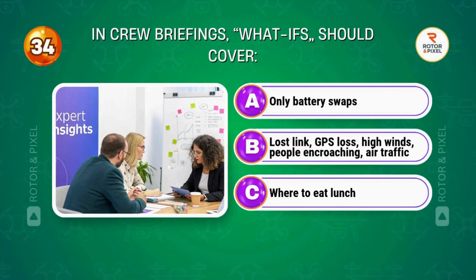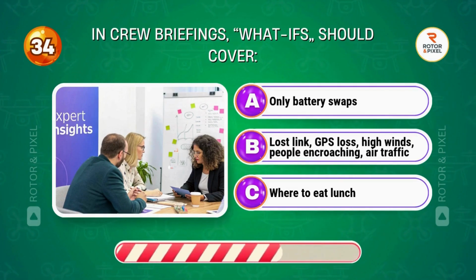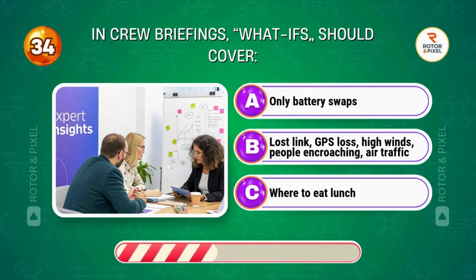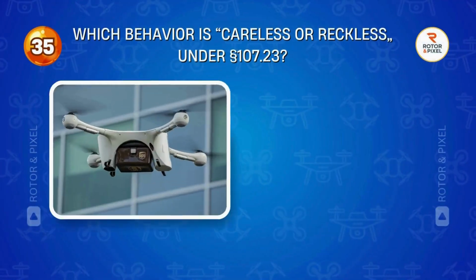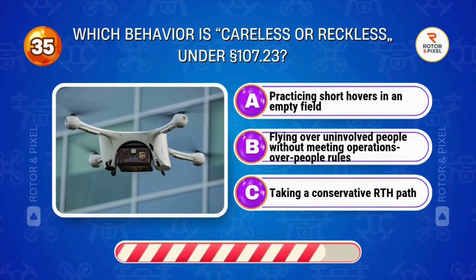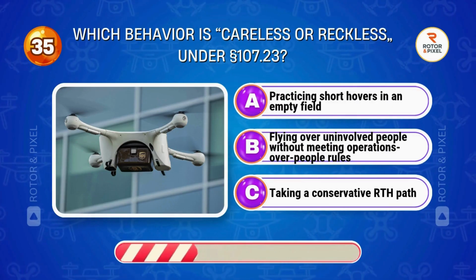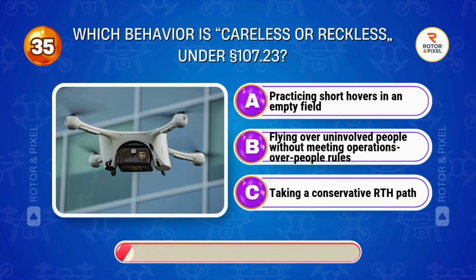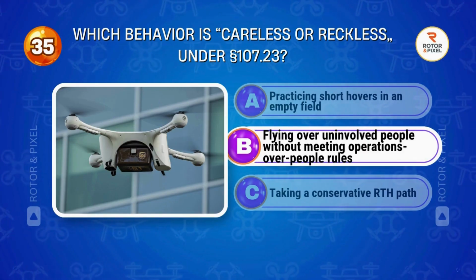In crew briefings, what-ifs should cover... Answer B, lost link, GPS loss, high winds, people encroaching, air traffic. Which behavior is careless or reckless under section 107.23? Answer B, flying over uninvolved people without meeting operations over people rules.